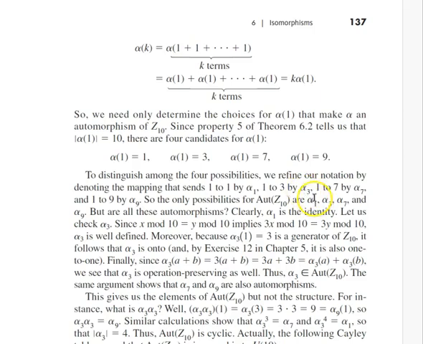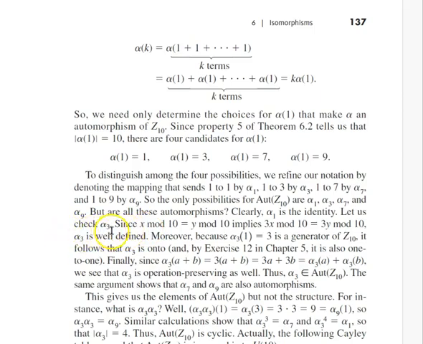We'll prove that it is an automorphism later. And alpha 7 and alpha 9 are defined similarly. So the only possibilities for automorphisms are these 4 maps. Alpha 1 is the identity map, so it is the trivial automorphism.